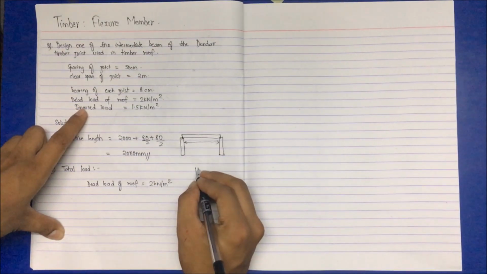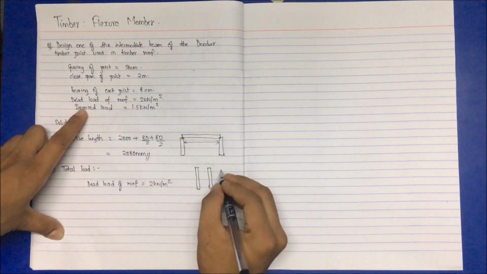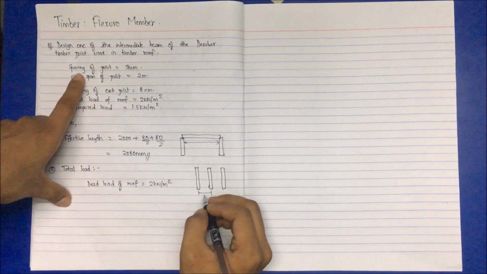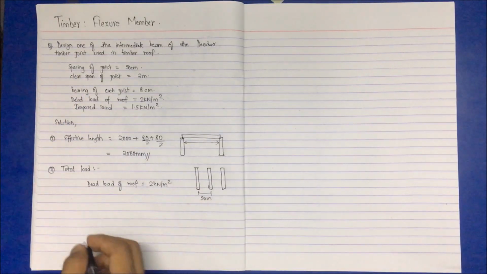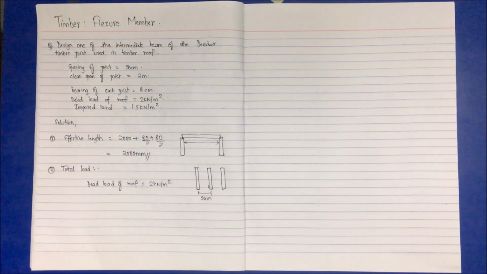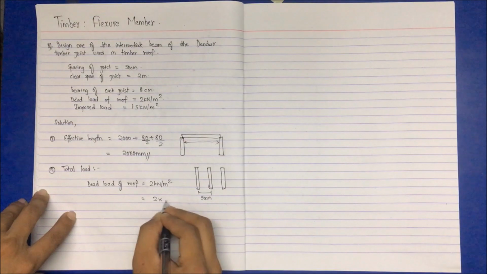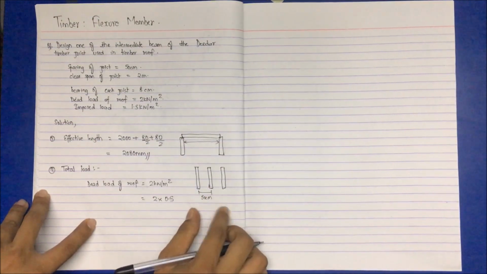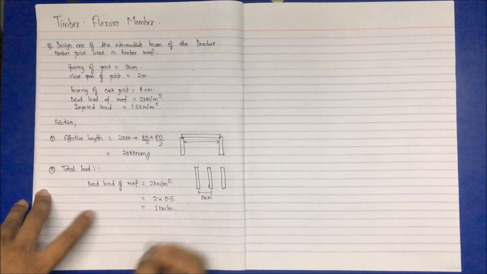If we see in the plan, then these are the joist, and the spacing is 50 centimeter. Then the dead load on each beam is 2 multiplied by 0.5, since this is centimeter and this is meter, so we get 1 kilonewton per meter.